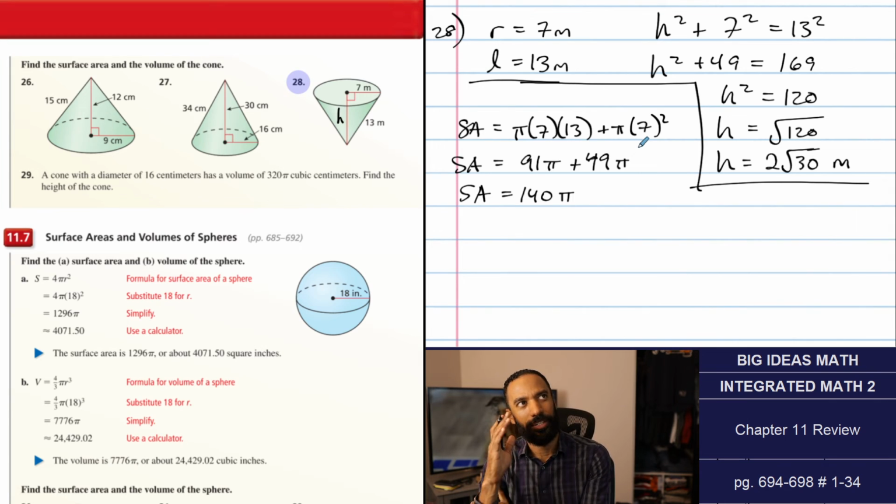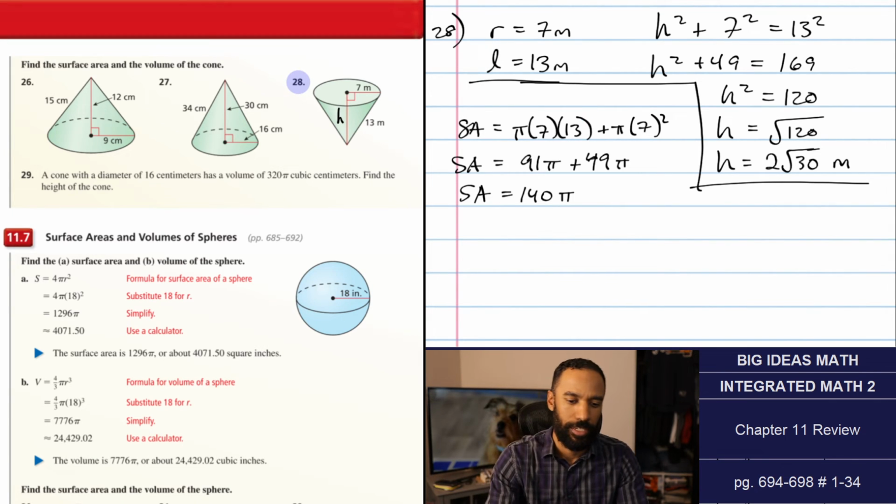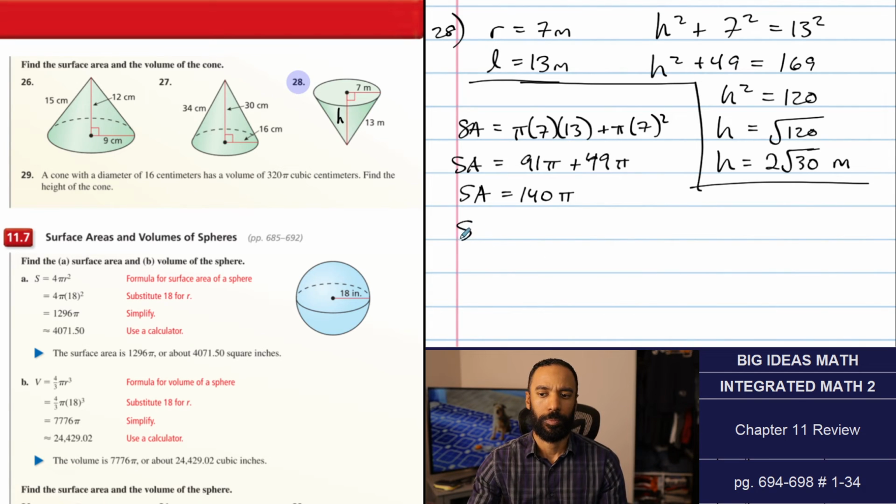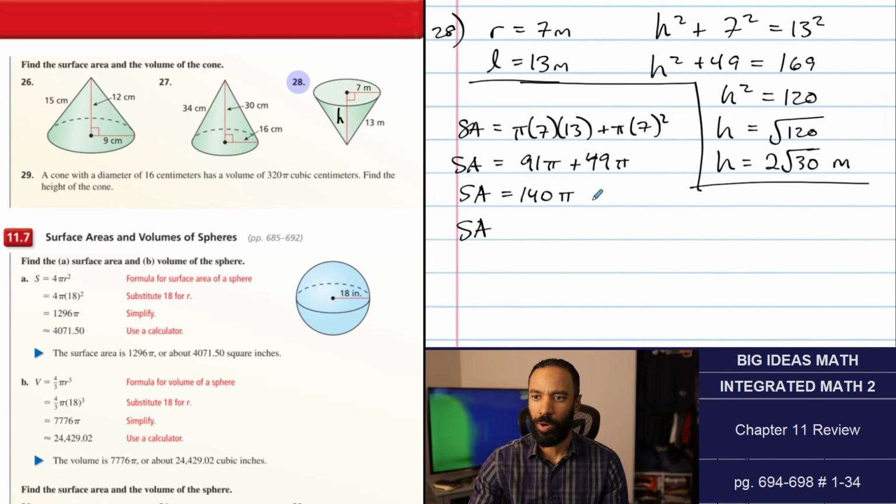I'm going to say that's under 450. Let's see. 140 pi is 439.82. Oh, this is what? Meters? Square meters.